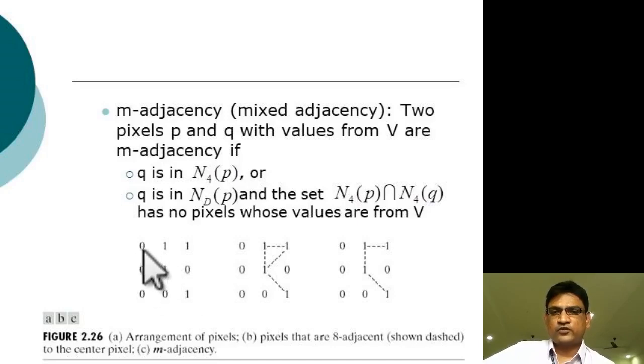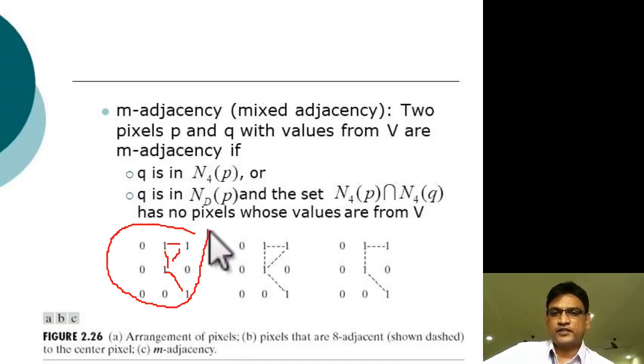Out of these 5, this is 0, this is 0, this is 0, so we can simply discard. Then we can connect this by this, and this by this, and so on. Next we move to this location. Again these two are already connected, and therefore we can establish a connection like this. Like this we have to move from each and every location. This is 8 adjacency.